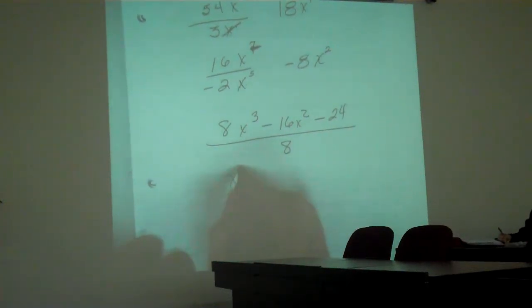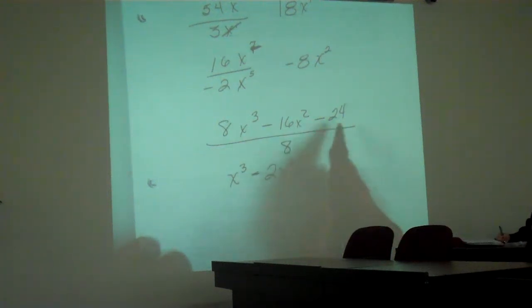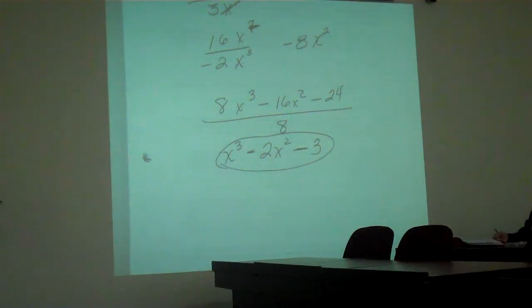X cubed. And then there's a minus. 16 divided by 8? 2x squared minus 3. Okay, everybody see what's happening there? See how this part's pretty simple, it's not too hard.